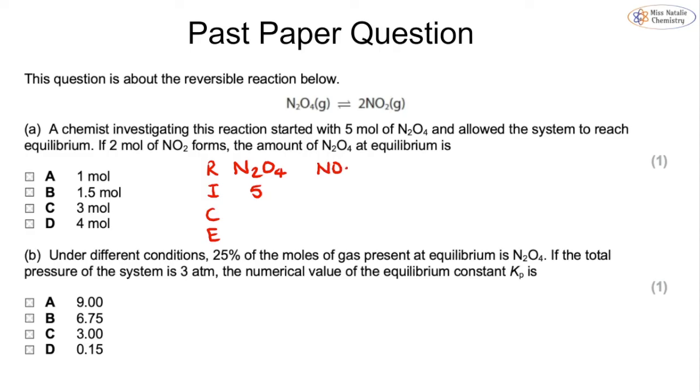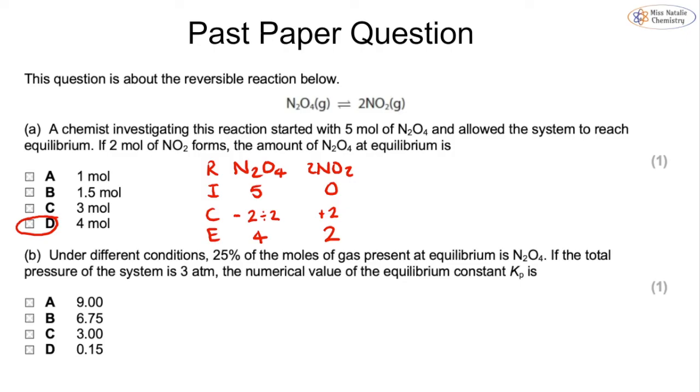And for the NO2, of course it is 0, and it tells us that 2 moles of that forms. So that must be plus 2. Because they're in a 2-to-1 ratio, this is going to be minus the 2 divided by 2, so really it is minus 1. So my moles at equilibrium for the N2O4 is going to be D, 4 moles. So that's just using your Rice table as your shortened version.